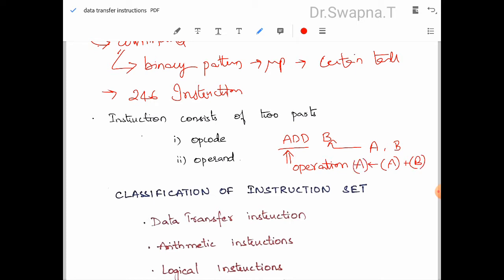So an instruction always has two parts. One is what operation is to be done, nothing but your opcode, and on which operands the opcode has to be performed, nothing but your operand. It might be a register, it might be data, or it might be memory locations.